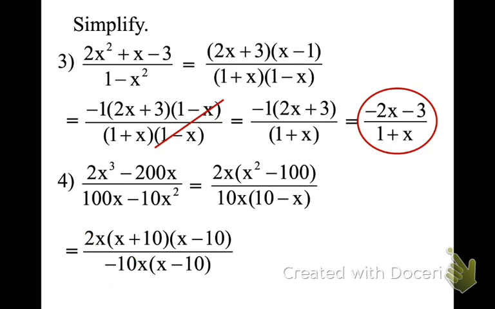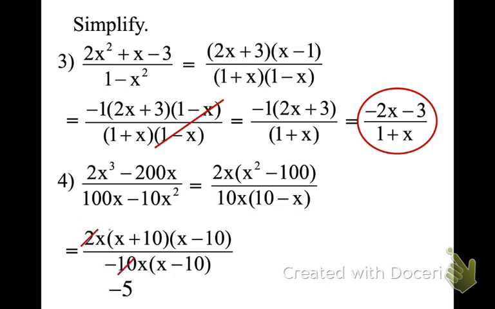Remember, I can divide a 2 out, and I'm left with this. I can divide an x out, because they're not part of a binomial. But I'm left with that -5. And then we can take an x minus 10. So do you see how I needed to flip that around, so I made that -10x. Does that make sense? Yes or no?